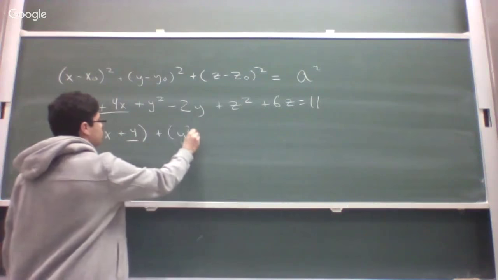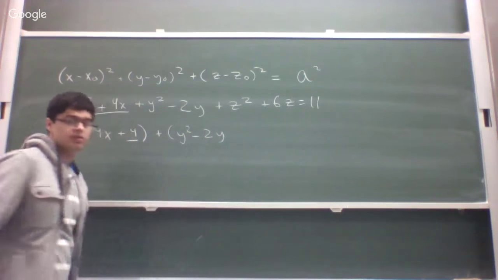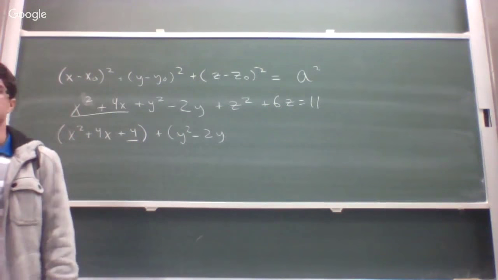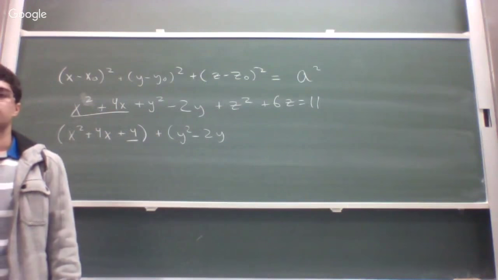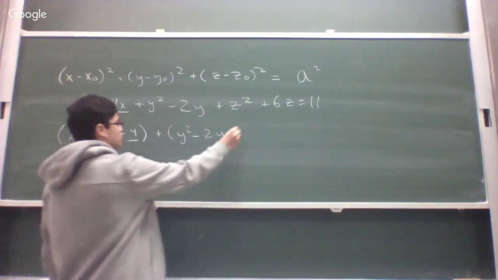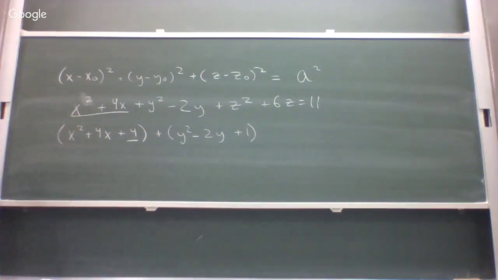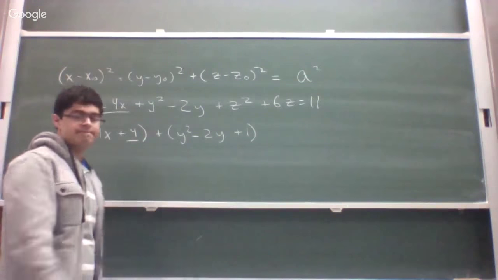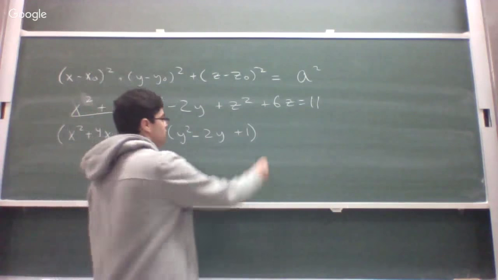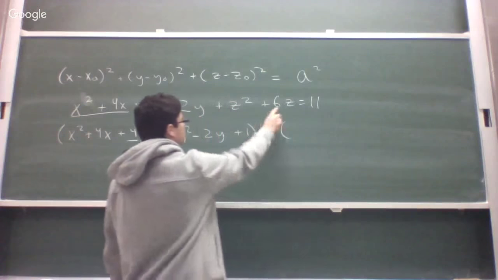We have y squared minus 2y. What can we add or subtract? 1. You guys all remember how to do that? Completing a square? Okay. And then with z, so we have 6z here.